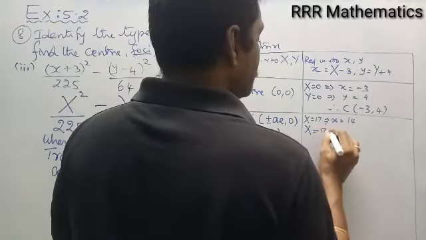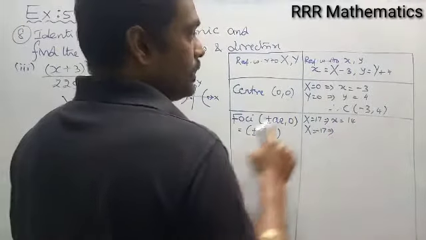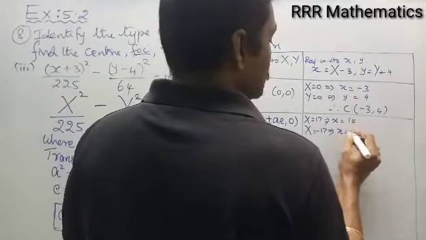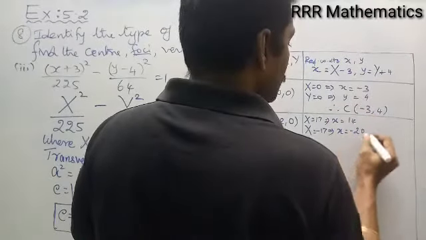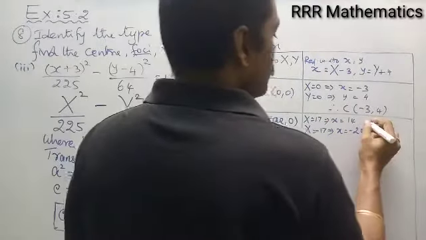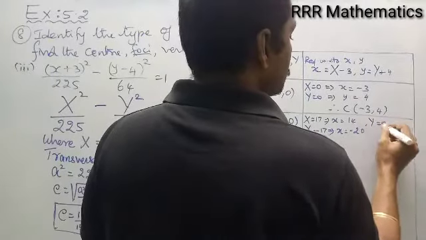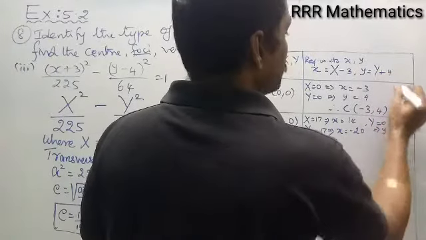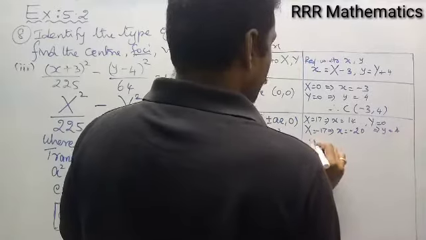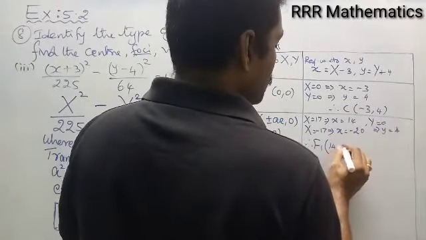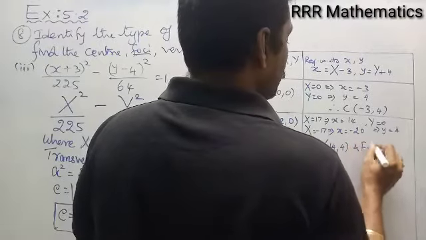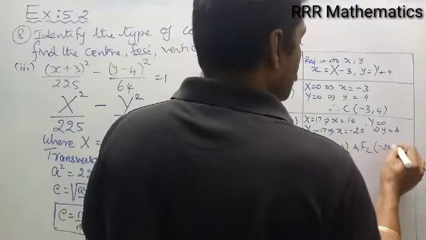Capital X equal to minus 17: when you replace here, small x will be minus 17 minus 3, minus 20. When capital Y is 0, small y is 0 plus 4, 4. So F1 is 14 comma 4 and F2 is minus 20 comma 4.